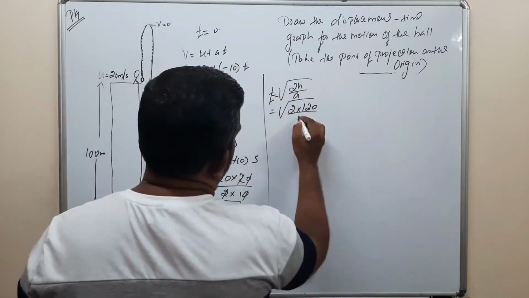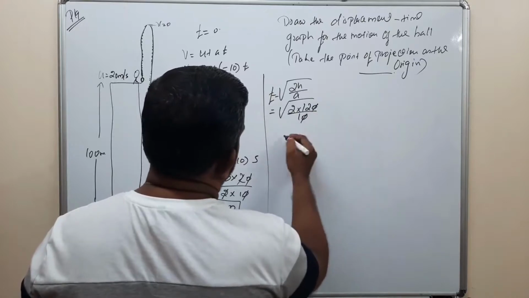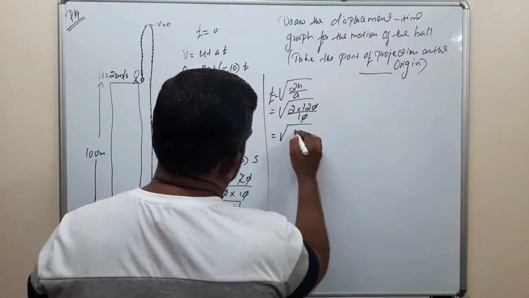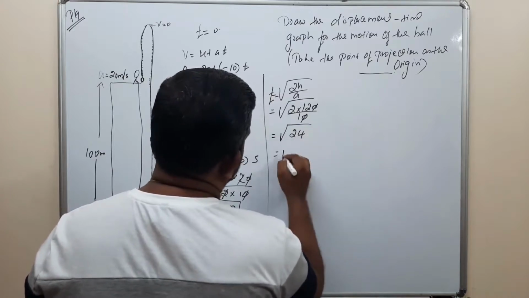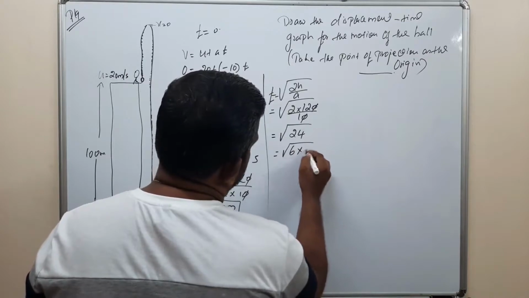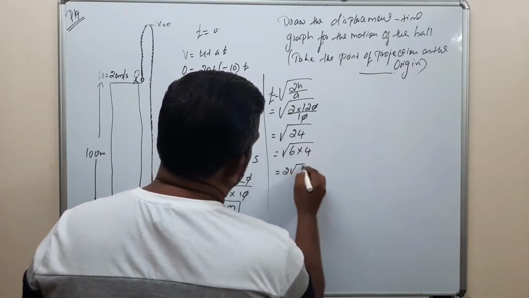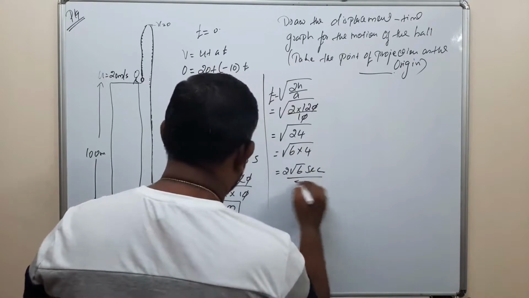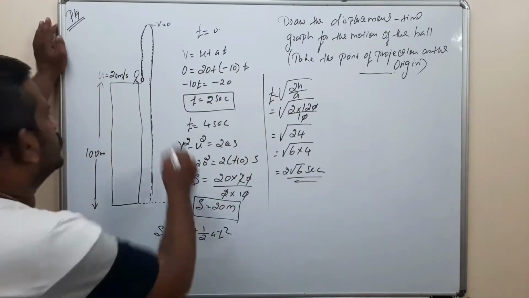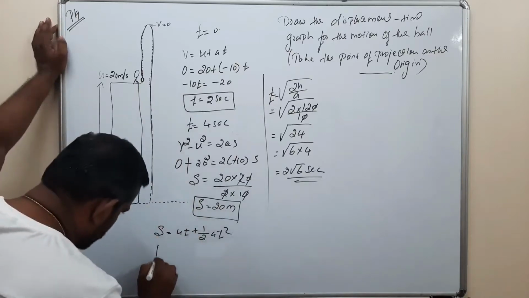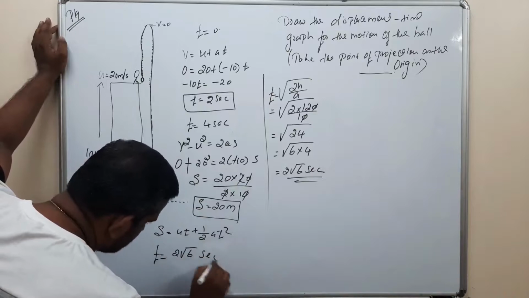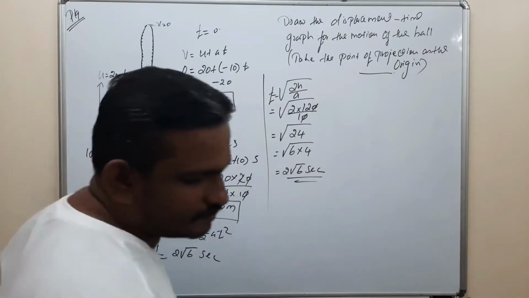That gives root of 24, which is root of 6 into 4, that is 2 root 6 seconds. So the time taken by the ball to reach the ground is t equal to 2 root 6 seconds.